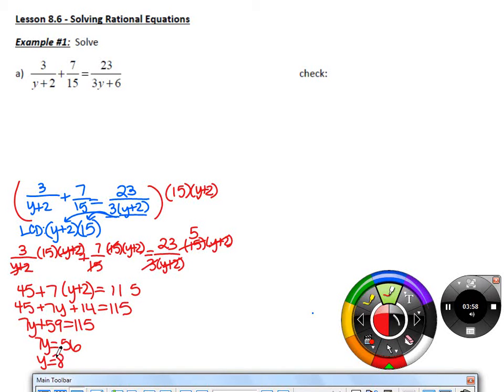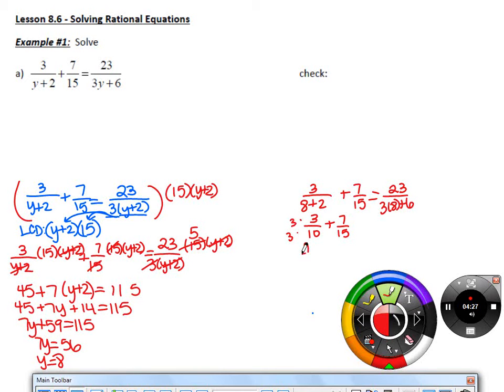Now, before I declare that this is my solution, I should check that it's true. And remember to check, we would take it and we would plug it into the equation everywhere there is a y and check that both sides are actually equal to each other. And so here I would have 3 over 10 plus 7 over 15. I would make a common denominator here.